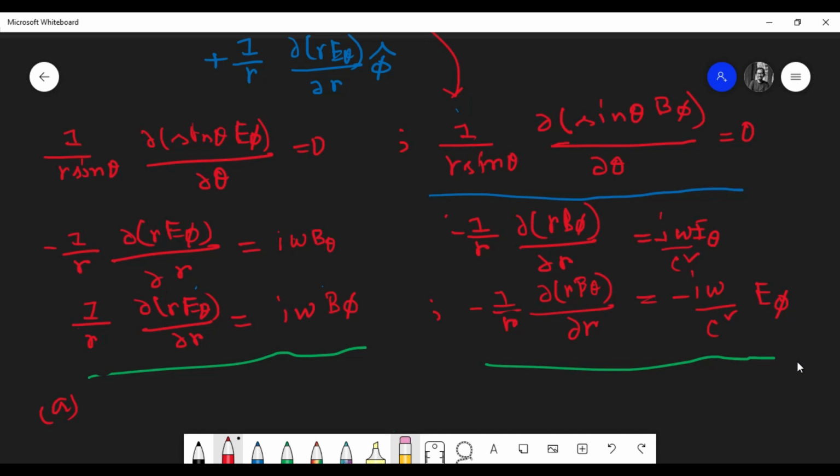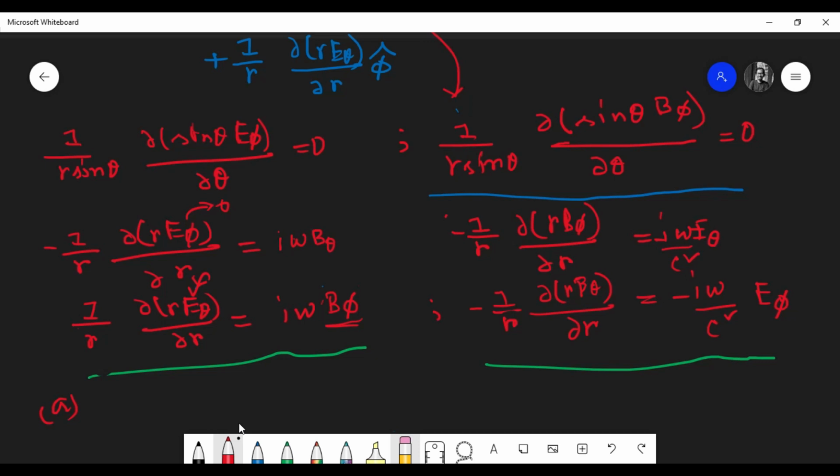Actually, they are linearly independent. Here's how you can find these two linearly independent solutions. Suppose E phi is 0, so only the E theta term stays, because if you want to have a wave, one of the components has to be non-zero. Then you have this B phi term associated with it.